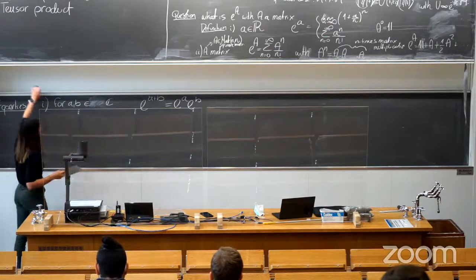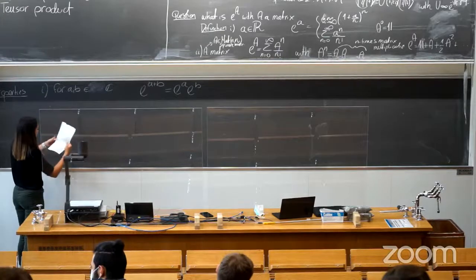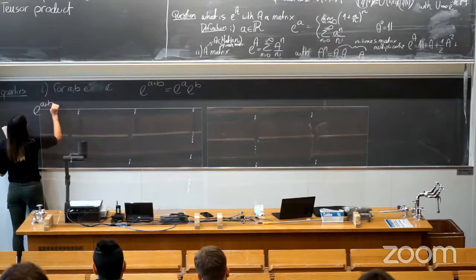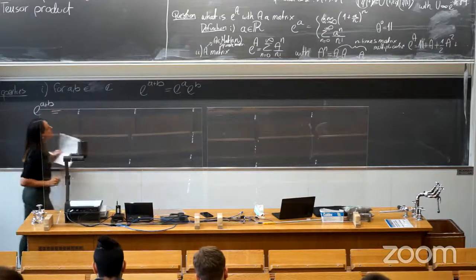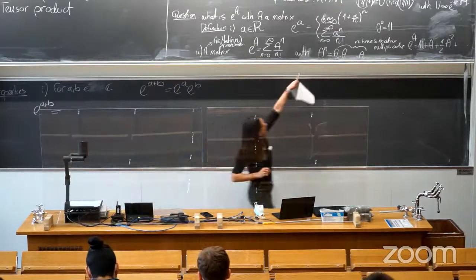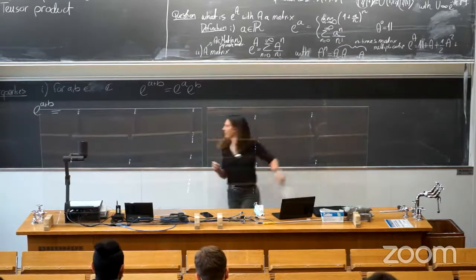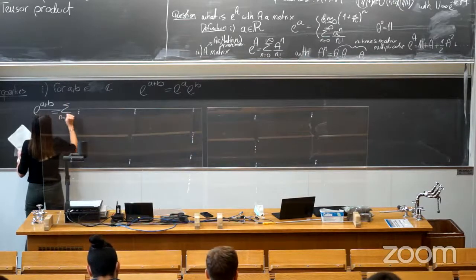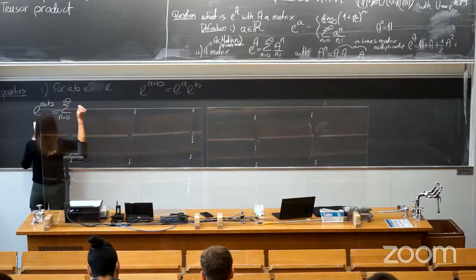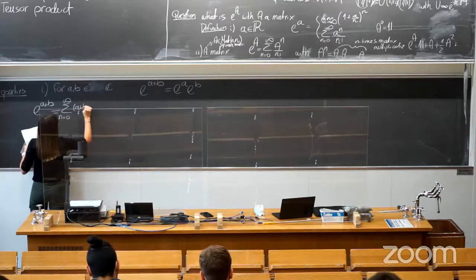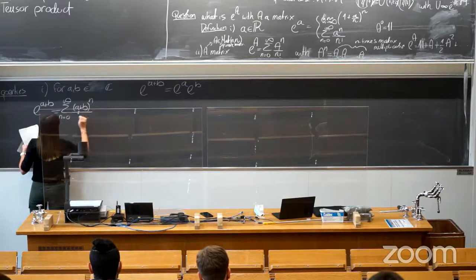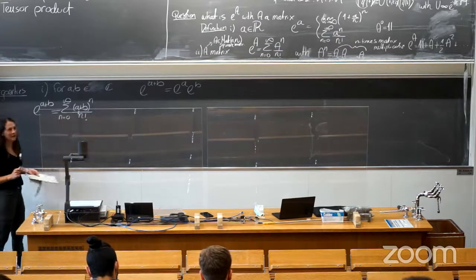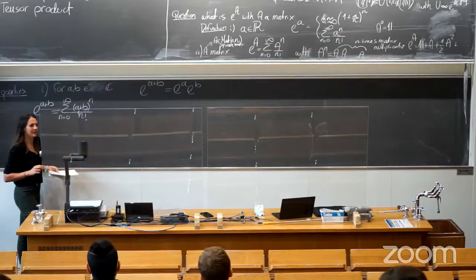So we start with e to the a plus b, and we use our infinite sum form: the sum from n equals 0 of a plus b to the power n divided by n factorial. Okay, so how can we proceed? Anyone of you has an idea?